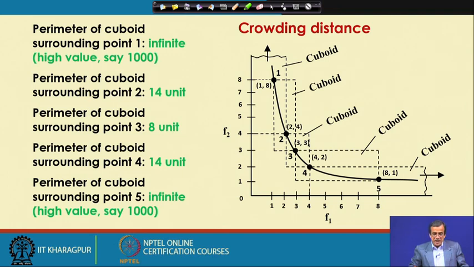So, this is the way the concept of crowding distance works, just to maintain the diversity in the population.